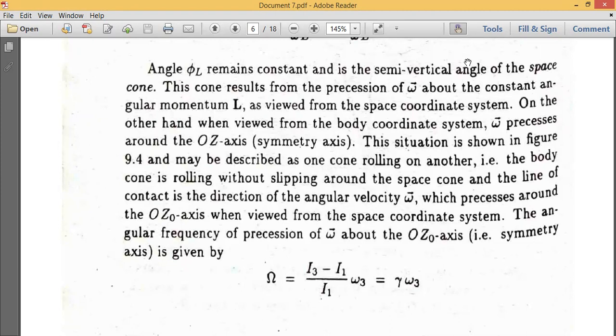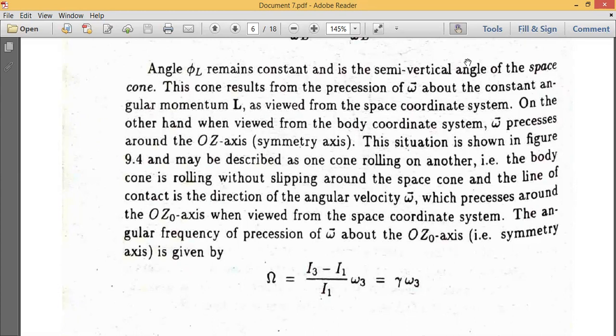On the other hand, when viewed from the body coordinate system, omega precesses around the OZ axis. This situation is shown in figure 9.4 and may be described as one cone rolling on another.